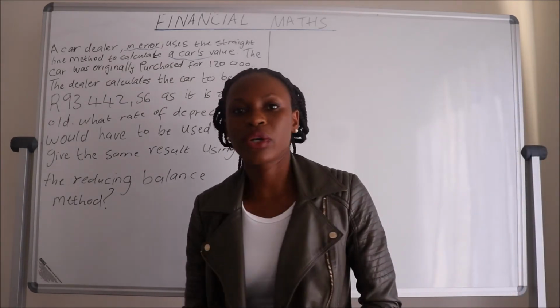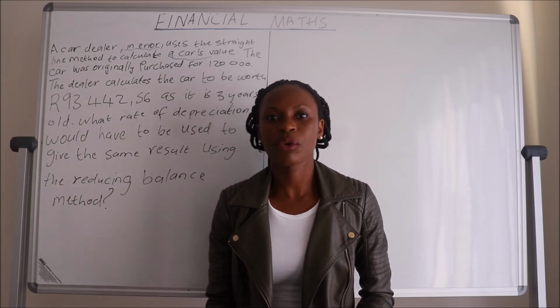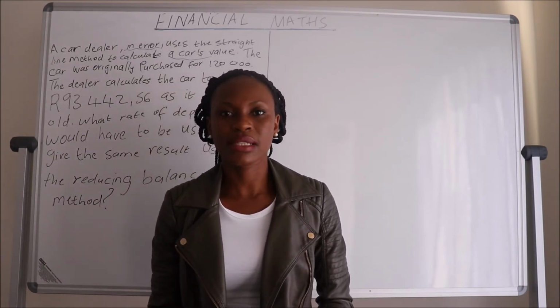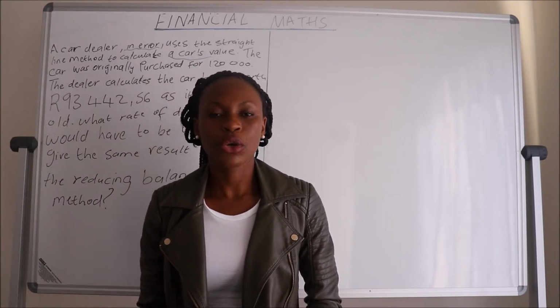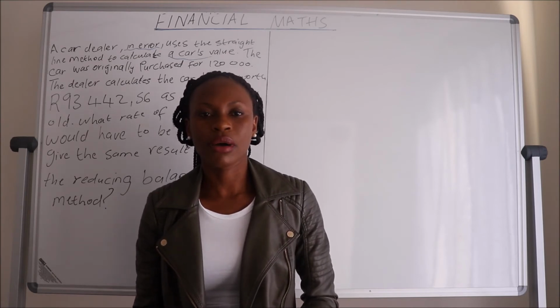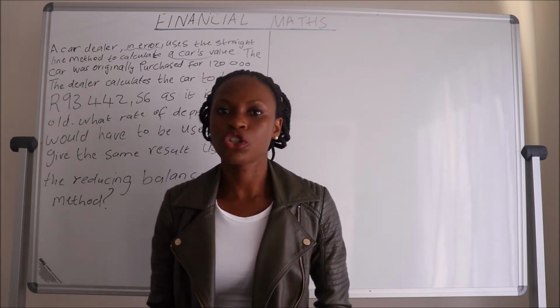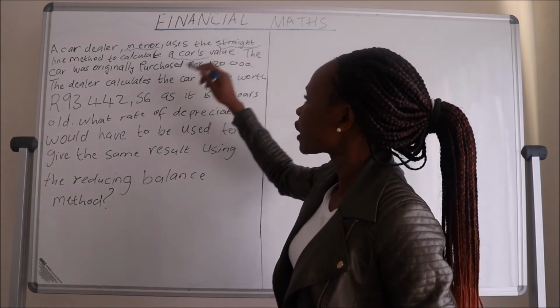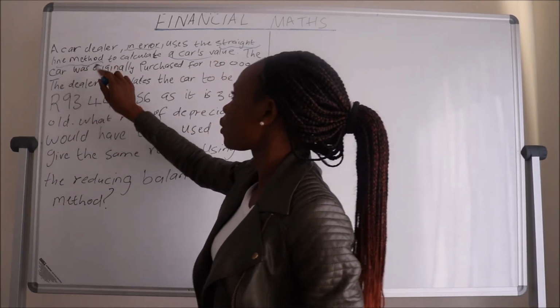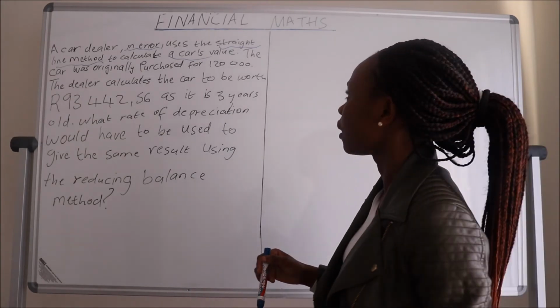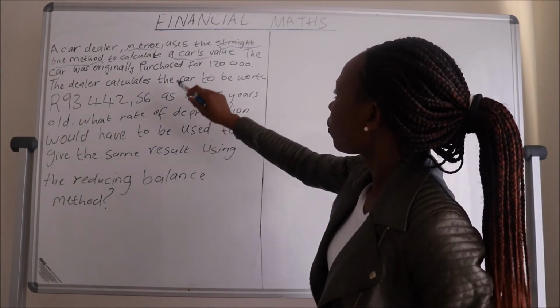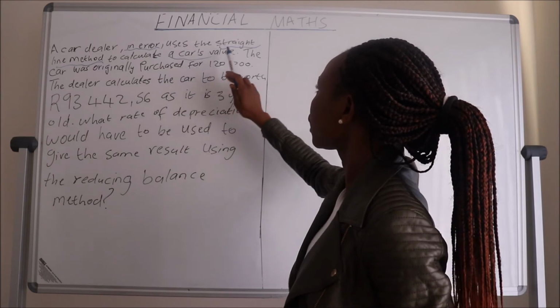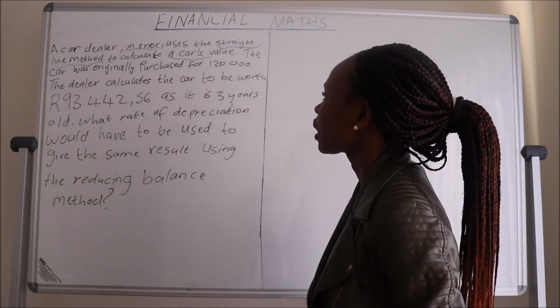Remember, the straight line method is what we have been dealing with in the previous 2 lessons. You can check them on the Maths XYZ channel on YouTube to see how we explain the straight line method. So this is the method that we have done in the previous lessons.